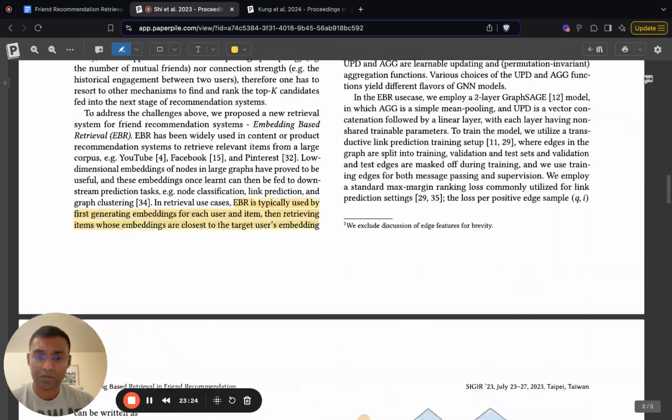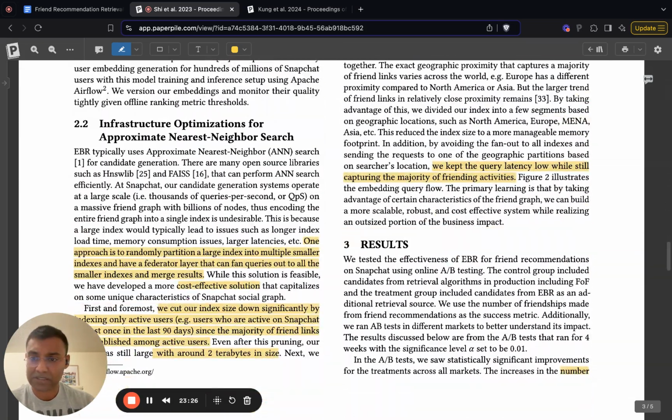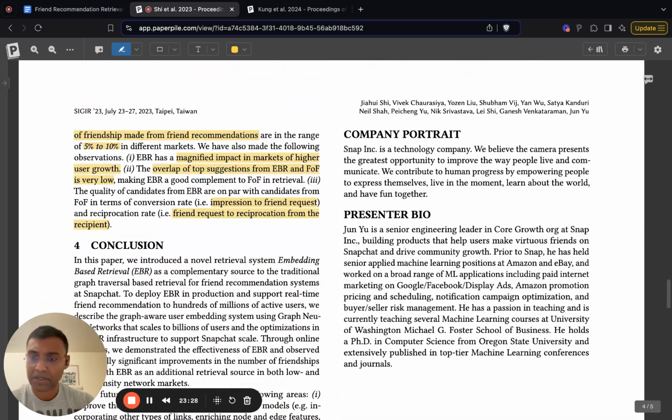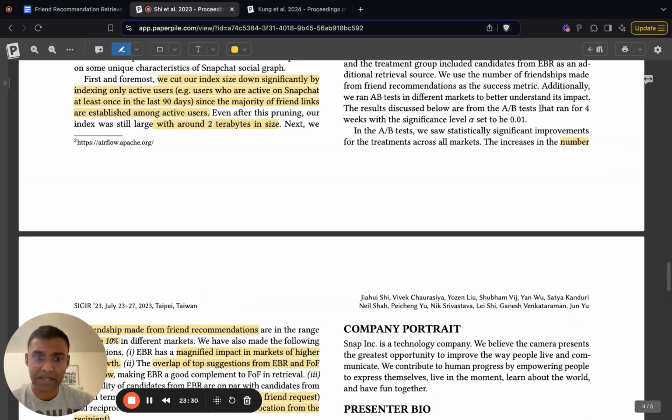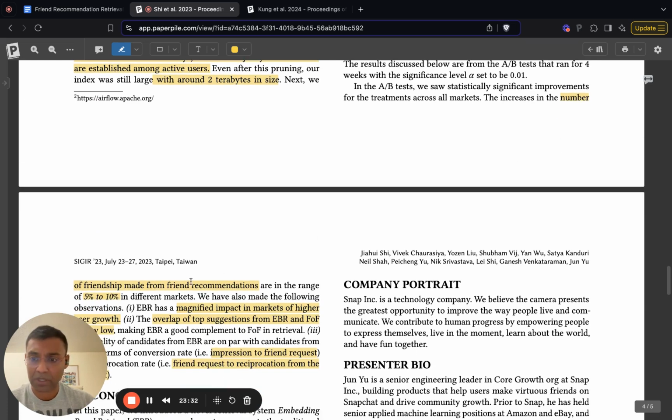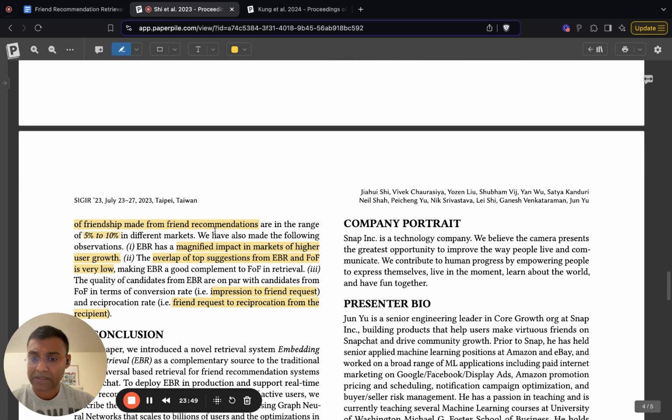If you look at the results, they say that adding embedding-based retrieval increased the friendships made from friend recommendations, which is their service, by 5 to 10%. This is a higher impact in markets where there is already high user growth.